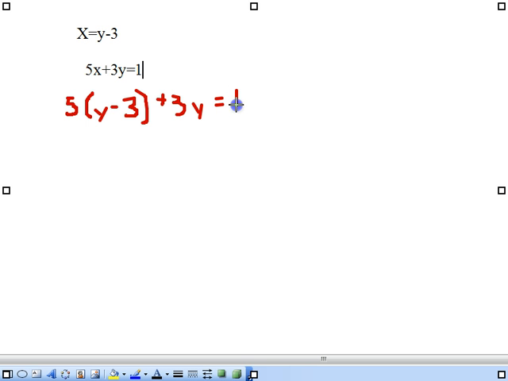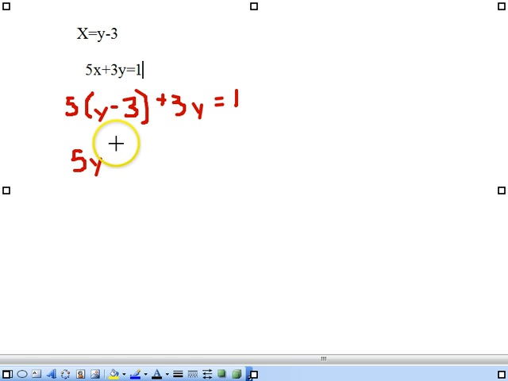equals 1. Okay, now we need to multiply 5 by y and multiply it by negative 3. So we'll get 5y, because 5 times y is 5y.